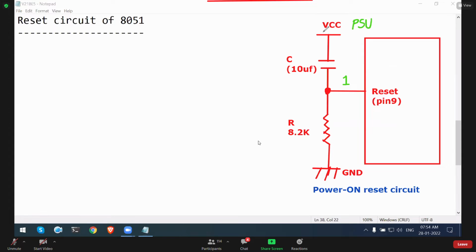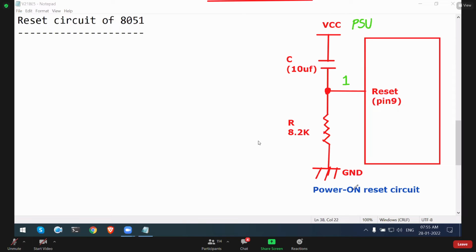Every microcontroller board will have a power supply unit. You connect the adapter output to the power supply unit, and that unit will convert 230 volt into 5 volt DC, and the 5 volt will be given all over the board. This is the capacitor. So the final target is, you have to give 1 in order to reset 8051.